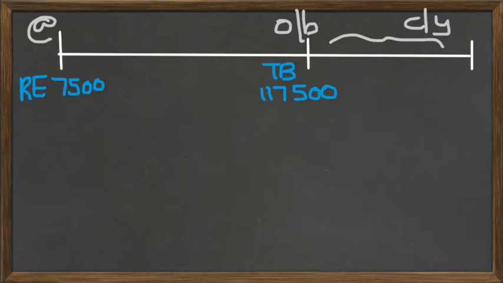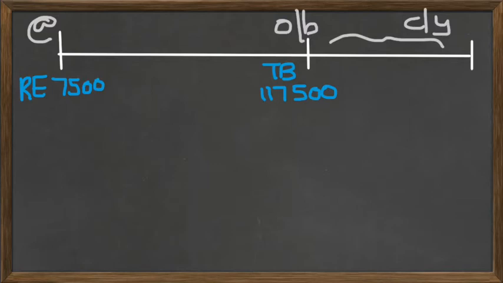We identify the at acquisition equity of the subsidiary, and as I've said, we're going to focus on retained earnings for now. At acquisition date, they told you in the additional information that the retained earnings was 7,500 Rand. Then you identify the opening retained earnings, and this amount of 117,500 comes from the given trial balance.